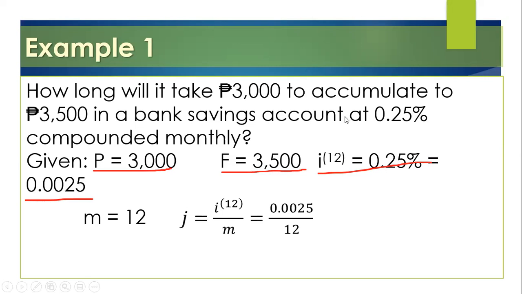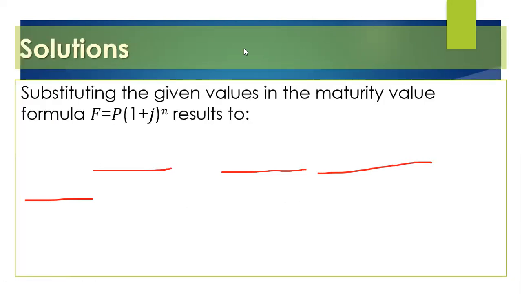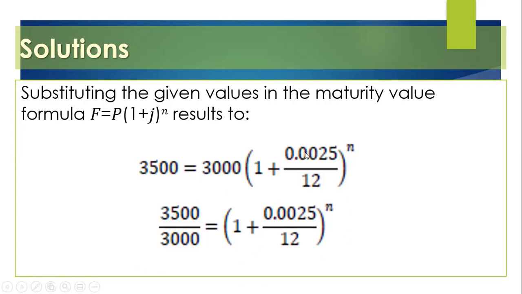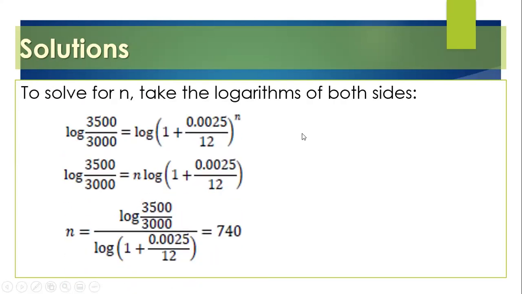So we compute m is equal to 12, J is equal to i over m is 0.0025 over 12. Now, punta na tayo sa ating formula. Find N and T. So, substitute natin. Yan.